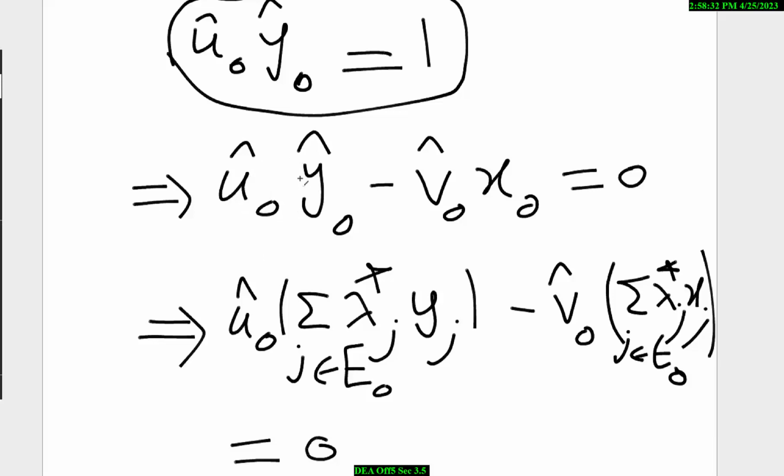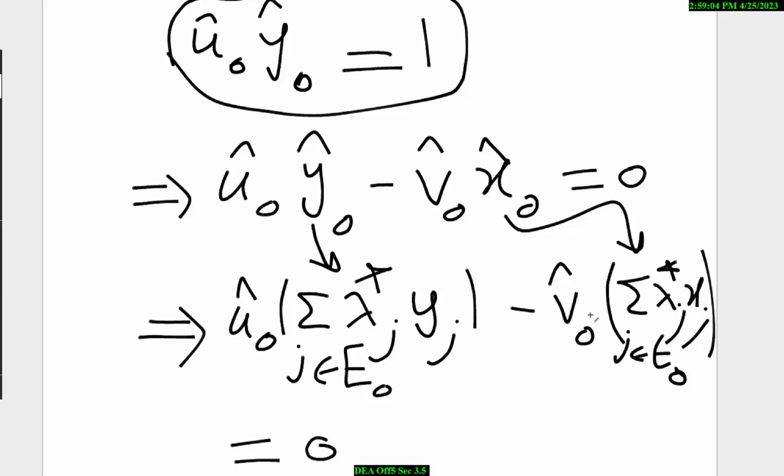the objective function value is 1, so this was also 1. The minus of these are 0. If we put x hat O and y hat O as we defined before, this is the inputs of the projection and this the outputs of the projection.